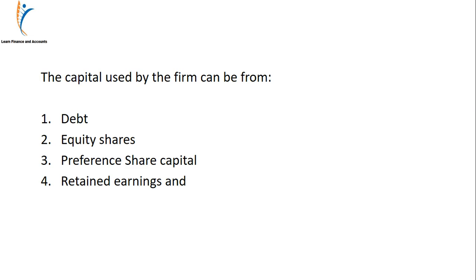But when the promoters think that money can be raised from the general public, they go for a process known as initial public offer, IPO. You must have heard this word, IPO. We will be discussing IPO in a different video.